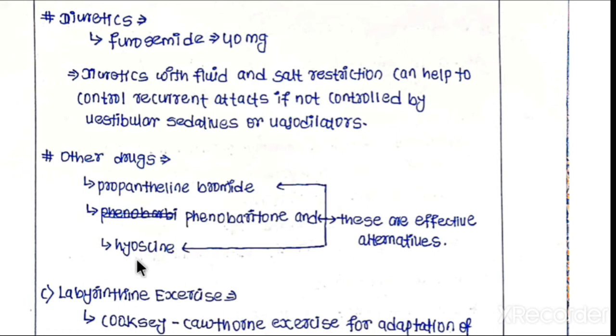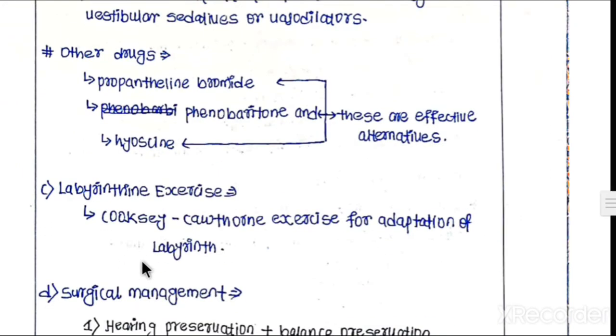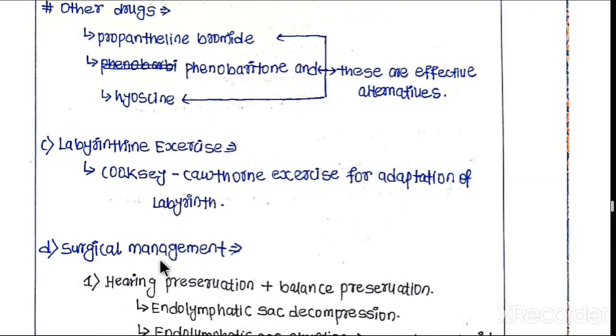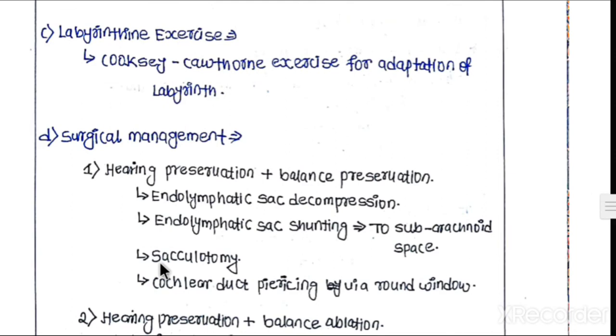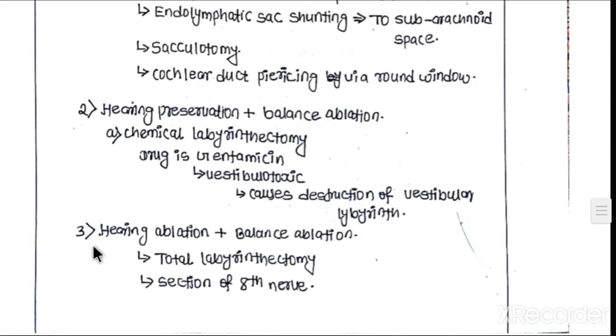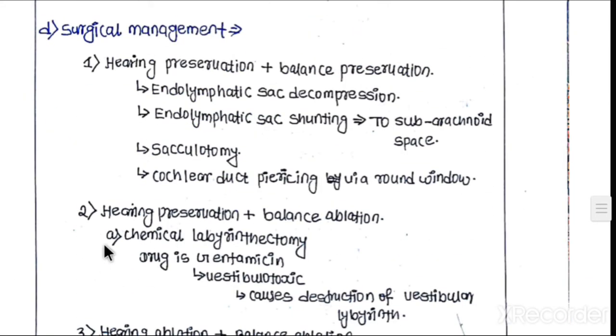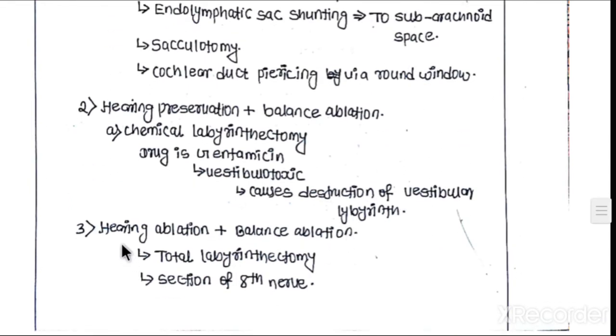Labyrinthine exercise. One of the exercises is called Cawthorne-Cooksey exercise, for the adaptation of the labyrinth. Other is surgical management. Surgical management can be divided into 3 subtopics, that is hearing preservation and balance preservation, hearing preservation and balance ablation, and hearing ablation and balance ablation.